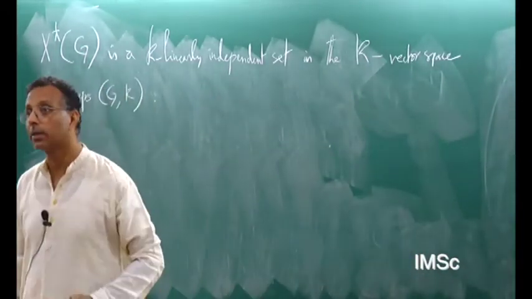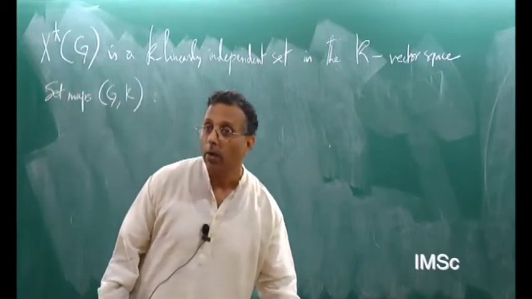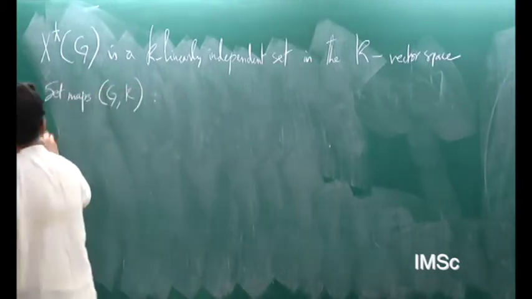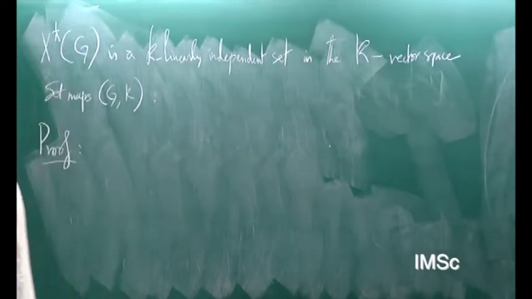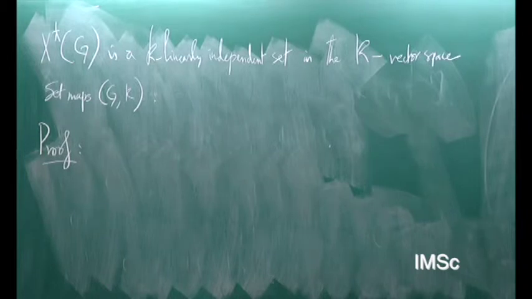It's a nice statement, isn't it? Okay, so what's the proof? And the proof is also quite easy. It's just a few lines, although it's tricky. It's short and easy, but tricky.